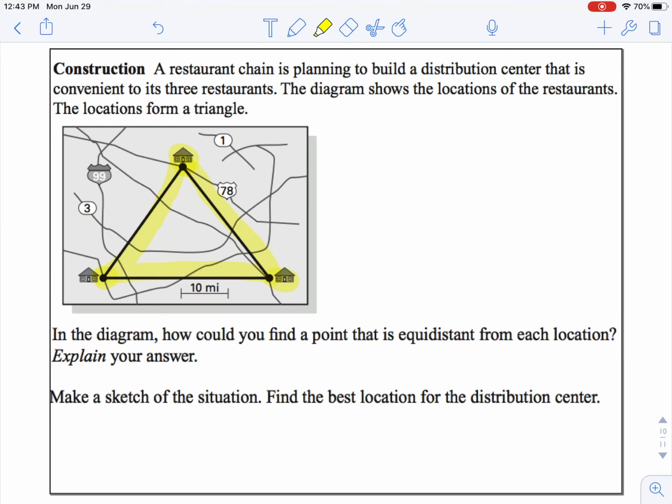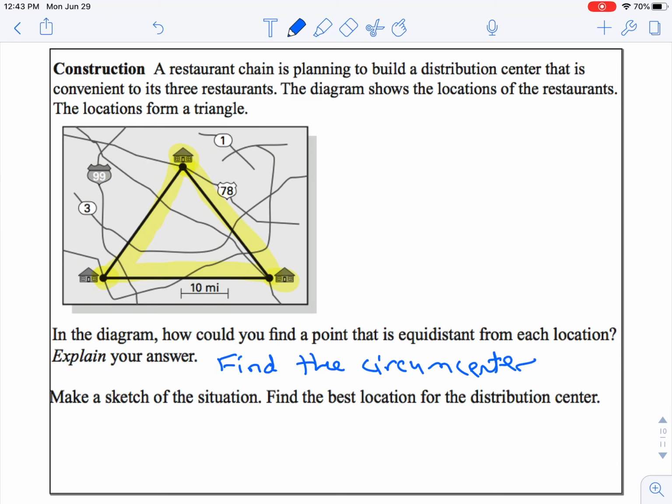So where would be the point that would be equidistant? Well, you would find the perpendicular bisectors of each side and that point of concurrency called the circumcenter. So in the diagram, how could you find a point that is equidistant from each location? You would find the circumcenter. And that's where you would construct your distribution center.